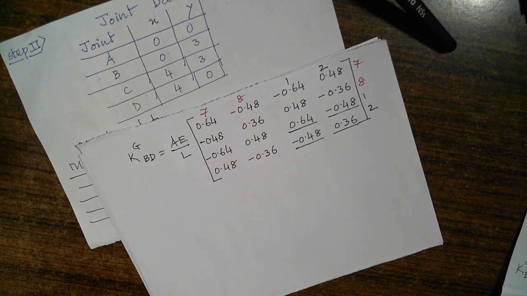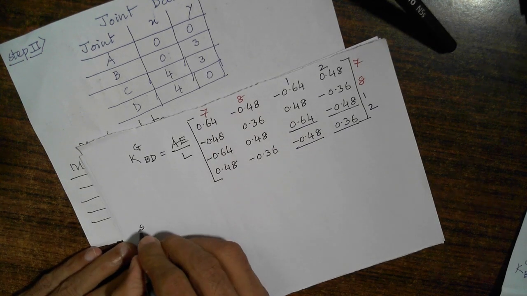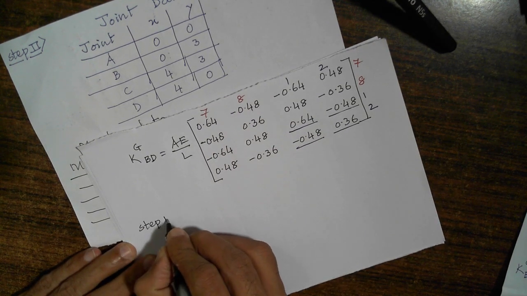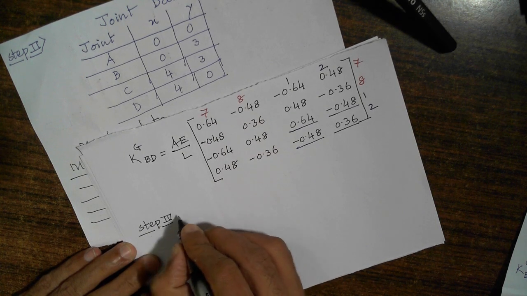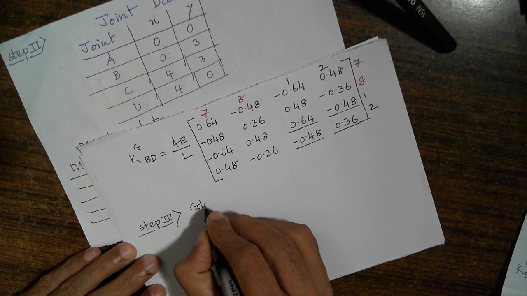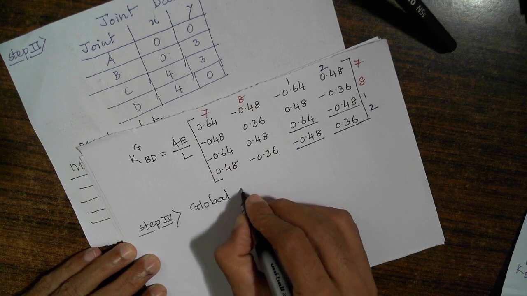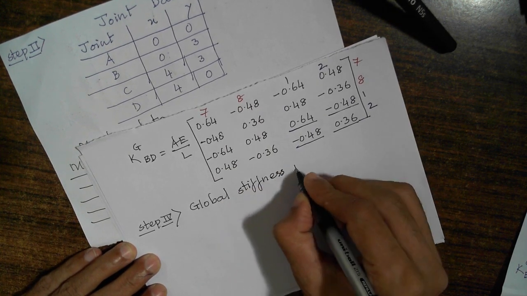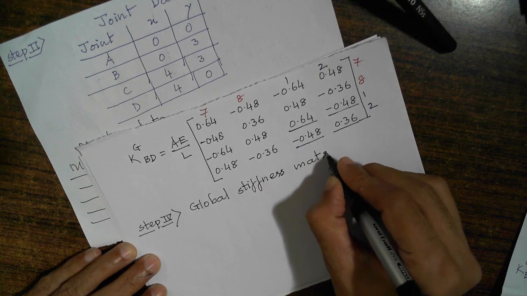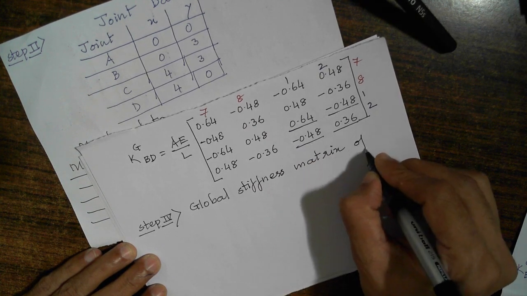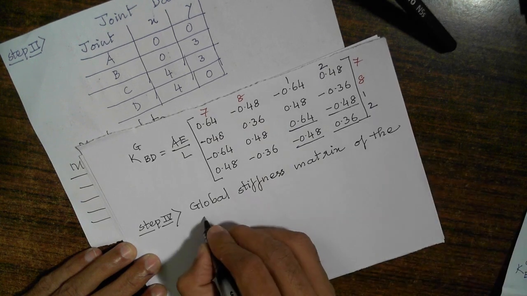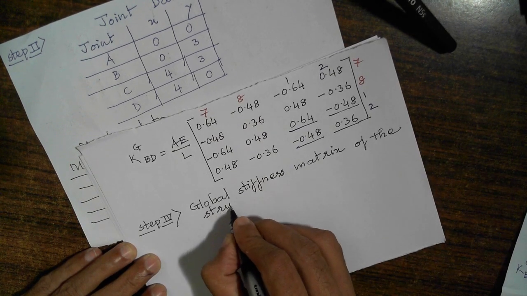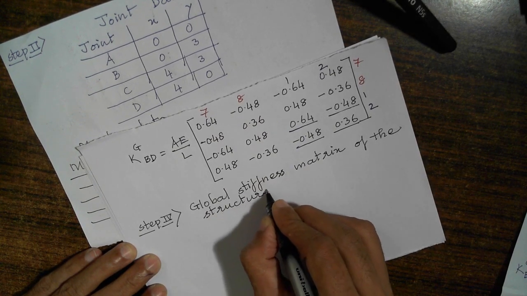Now my next step, that is step 4. Step 4 is the global stiffness matrix of the structure.